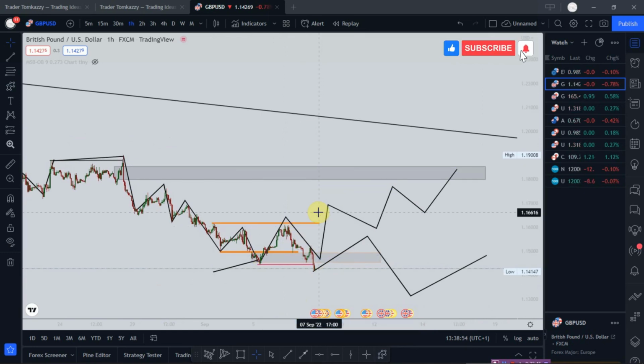Here they just fake people out. Some people who don't really know much about these higher highs and higher lows will be thinking this trade here has really become a bullish market. But it did not, because it did not break the yellow line until it is broken.